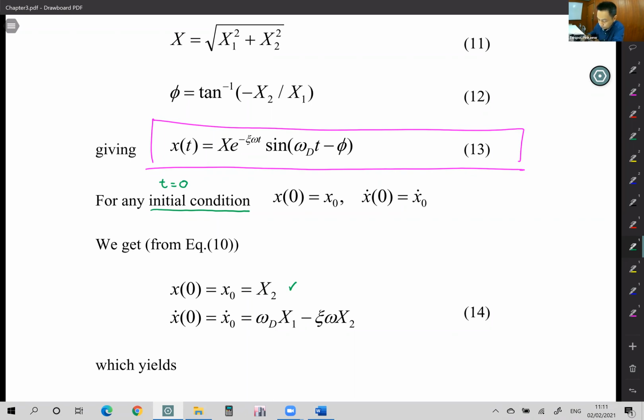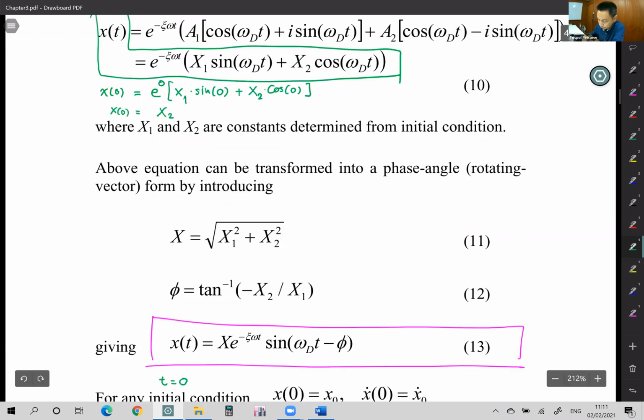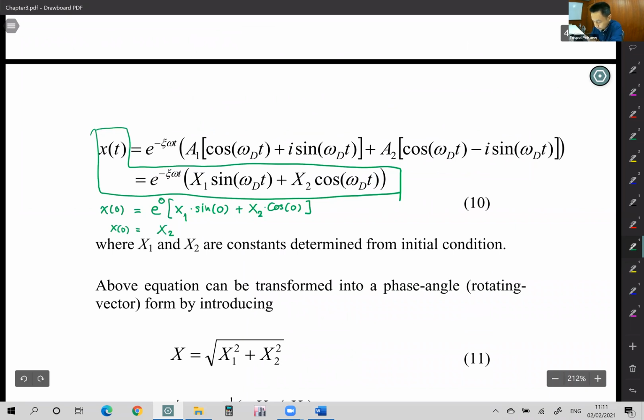Similarly, if I perform the derivative of equation number 10, let you do it yourself, okay? You just find what x dot of t is, by conducting the first derivative with respect to time t on equation number 10. Once you obtain x dot, introduce time equal to 0.